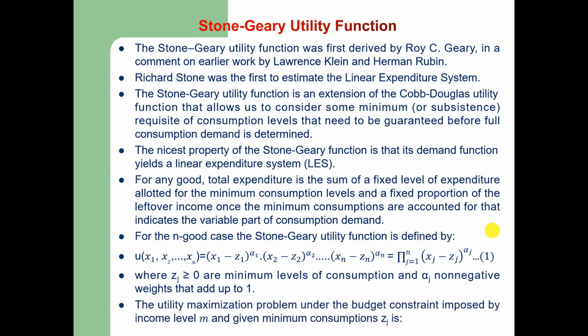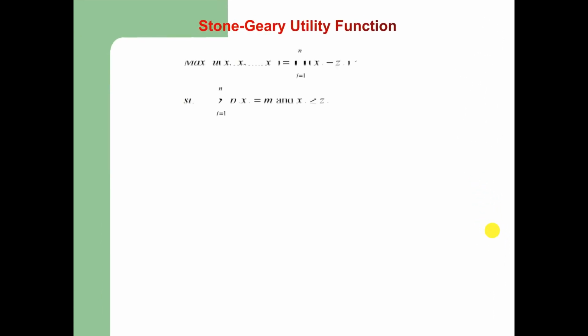The utility maximization problem under the budget constraint imposed by the income level M and given minimum consumption zj is given by this function.